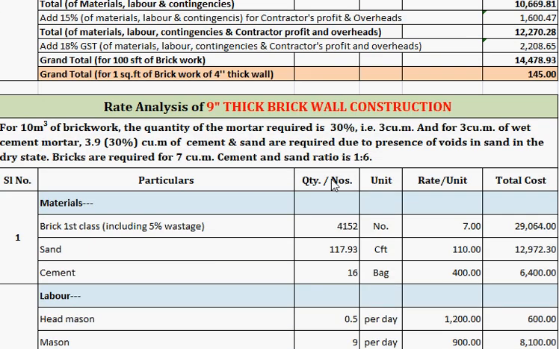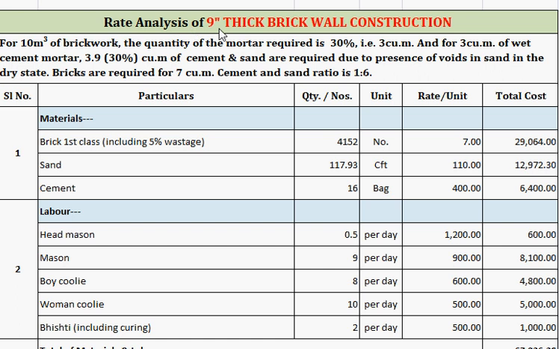For example, we can calculate the rate analysis for 9 inches thick brick wall construction. For example, we can consider 10 cubic meter of brickwork. The quantity of mortar required is 30% by volume, that means 3 cubic meter.